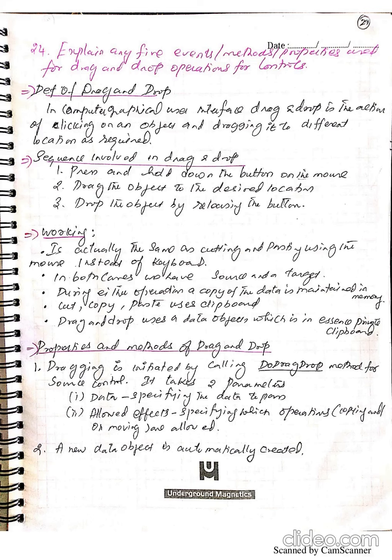In both cases we have to have a source and a target. During either operation, a copy of the data is maintained in memory. Cut, copy, and paste use the clipboard. Drag and drop uses data objects, which is the essence of it.